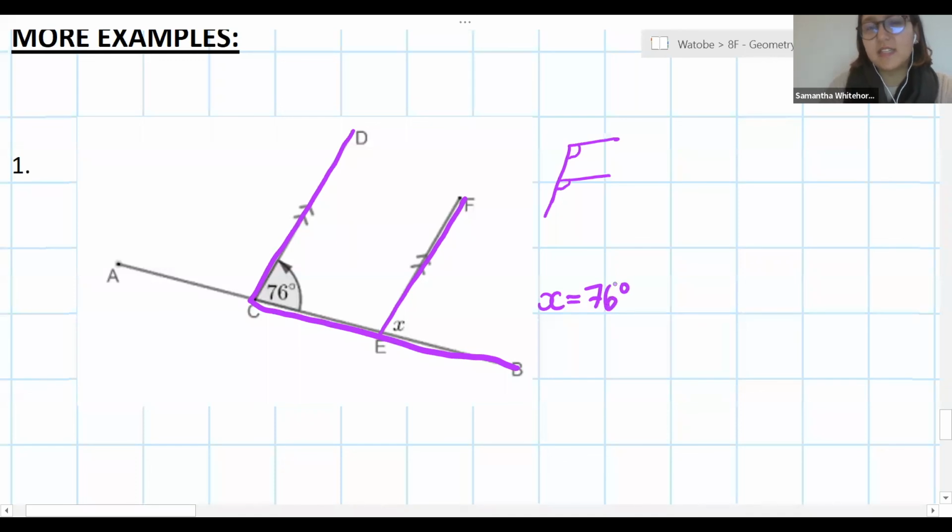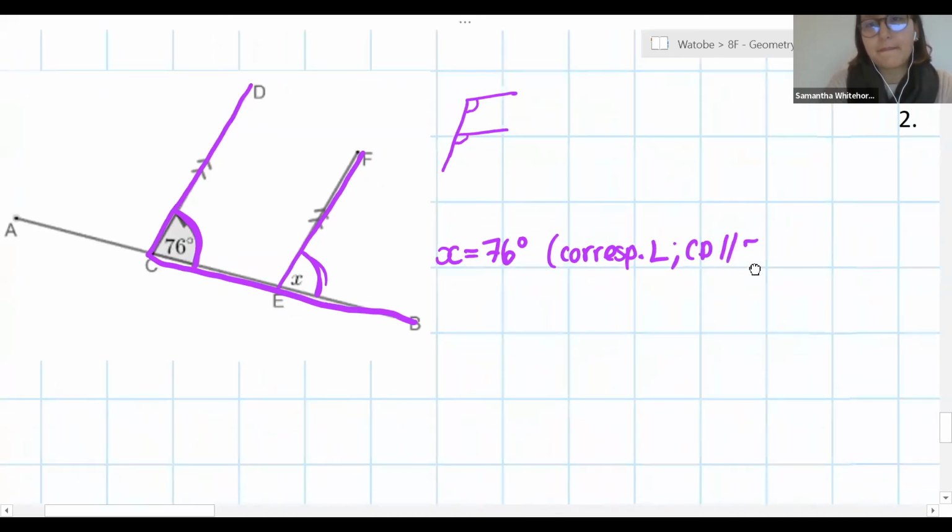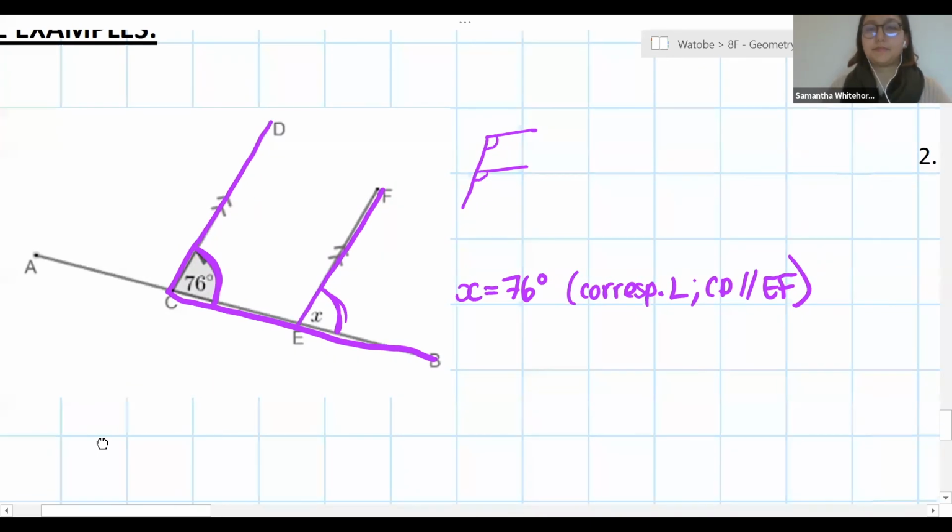X is equal to 76 because of where that angle is sitting. And then guys, remember your reason. Everyone who's putting their hands up to answer, please lower those hands down because we already answered. Anyone who has a question, you can just let your hand remain there, okay? But if it's to answer, please lower it down, okay?